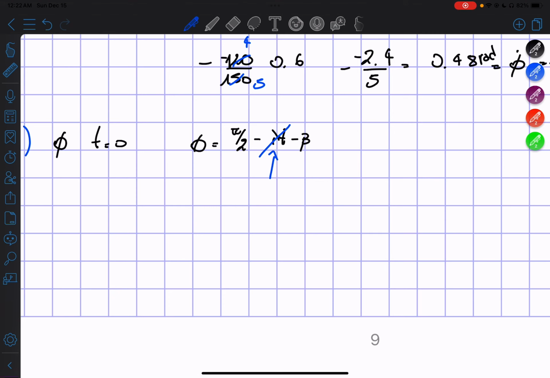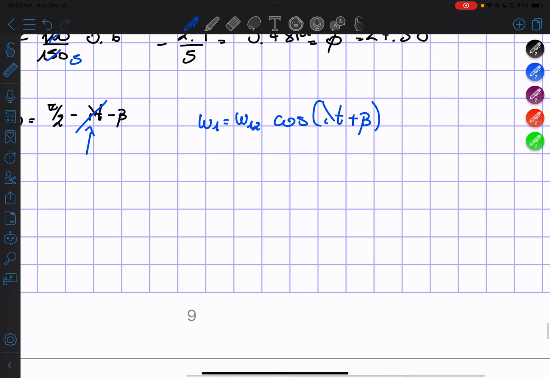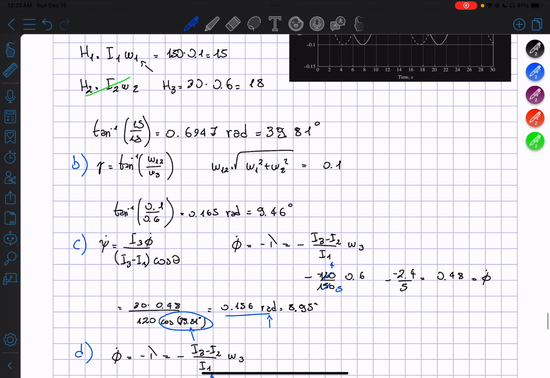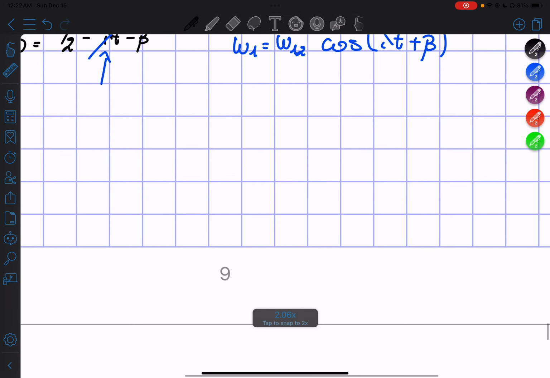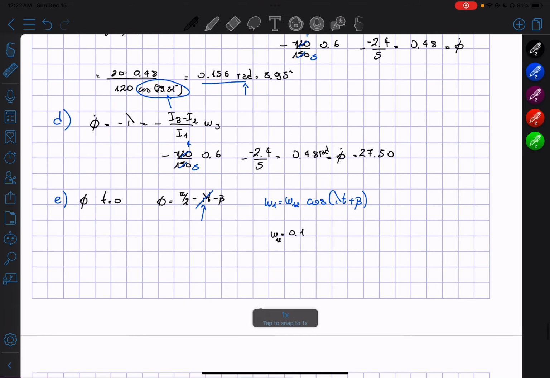Well, beta will come from our equation for omega 1, which is equal to omega 1 2 cosine of lambda t plus beta. Omega 1 2 is something we calculated earlier. I can't find it anymore, but I'll just calculate it again. So let's take omega 1 2 to be equal to 0.1, because we set it all the way up here.